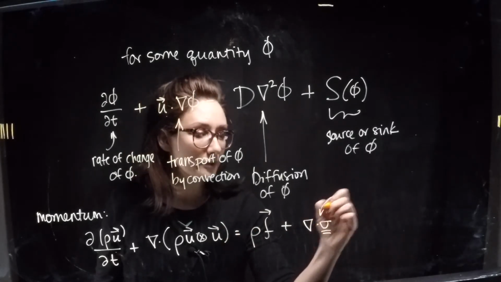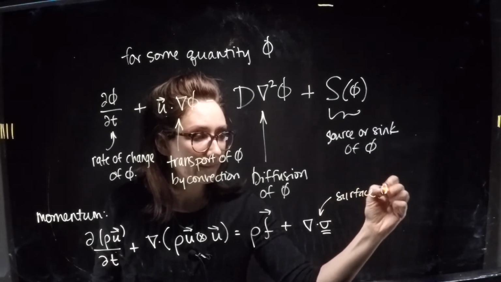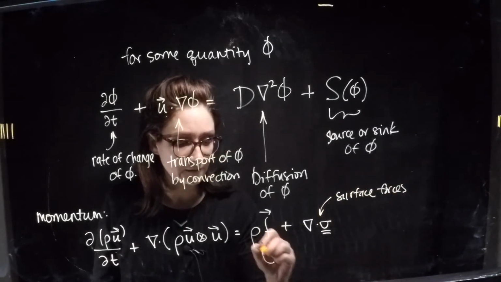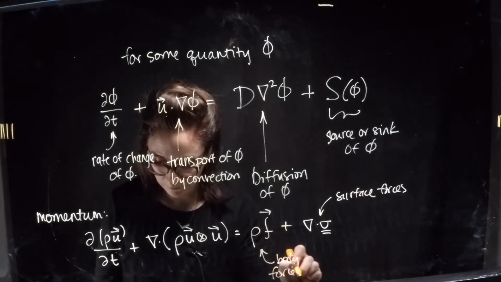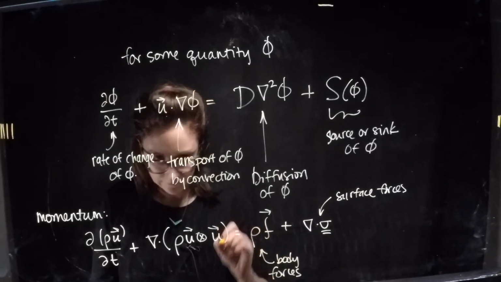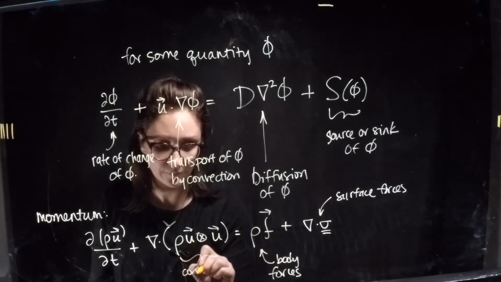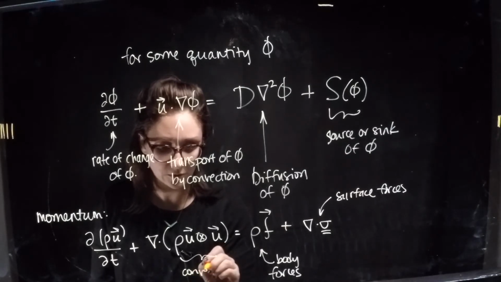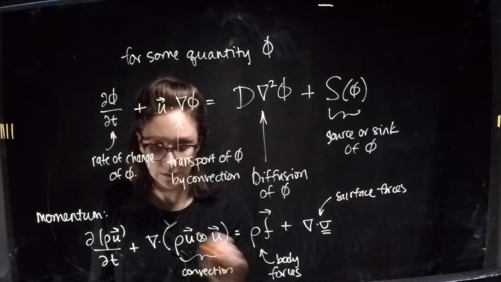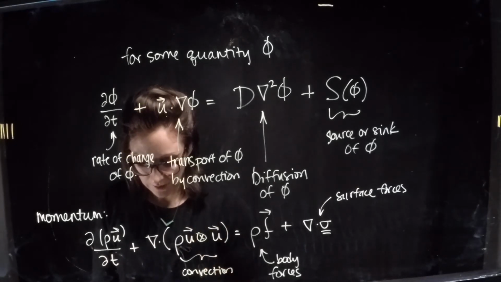So these are surface forces, these are body forces, and then this is our convection term. Convection. And then, of course, this is our rate of change.